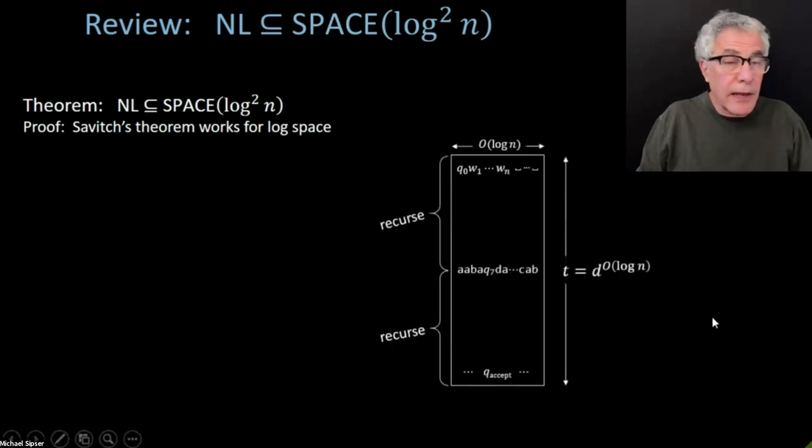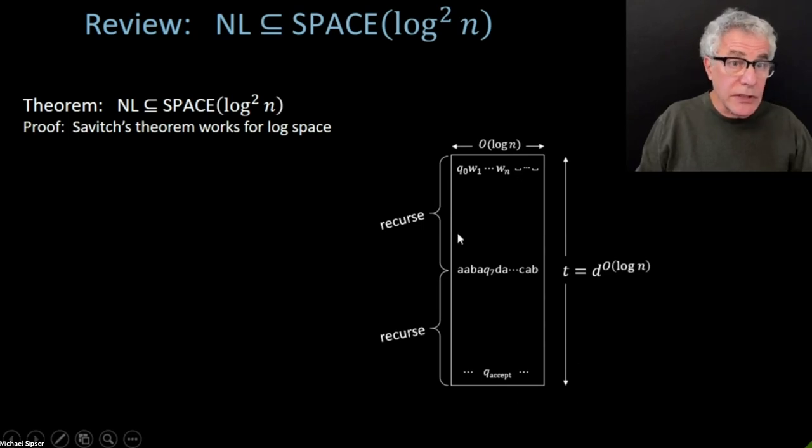And so I'm not going to go through this in detail, but it's the same picture that I copied off an earlier slide with a simple modification. The size of the configuration is now log n, because that's how big the configurations are when you have a non-deterministic log space machine.